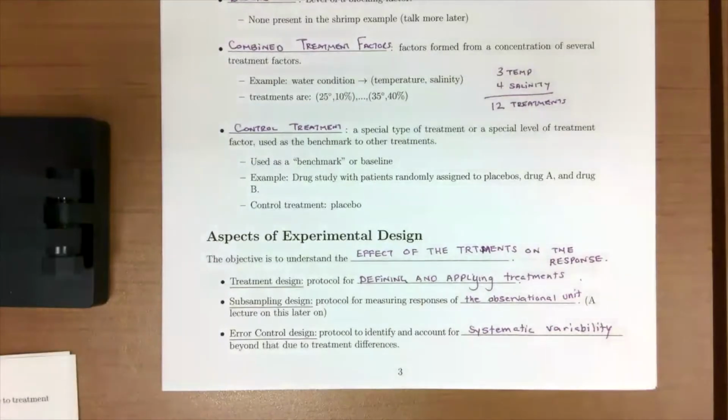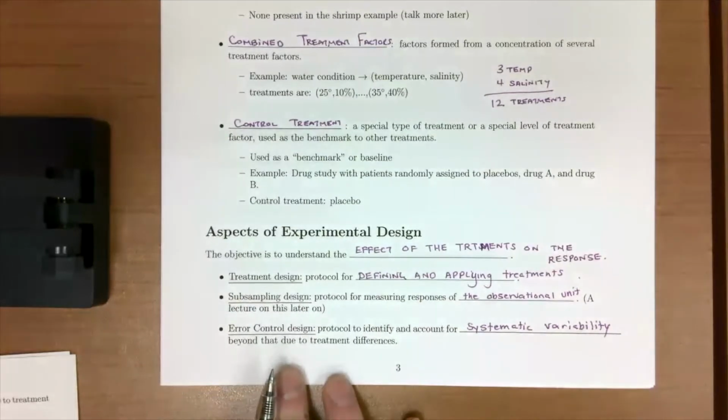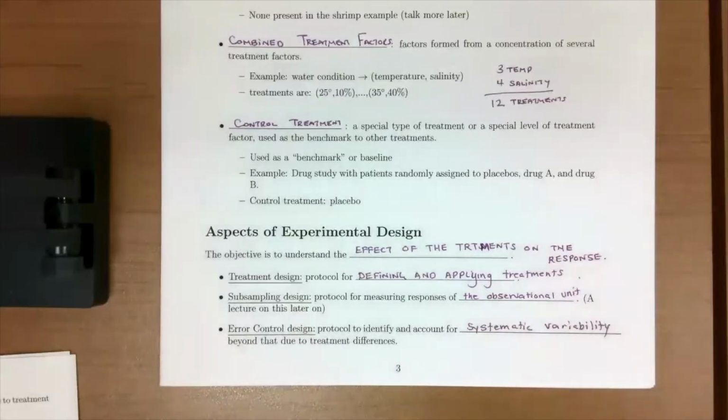Okay, so our goal of experimental designs is to figure out the treatment design and understand the effect of the treatments. But we're going to use the error control designs to be able to efficiently and effectively understand the impact of the treatments and to take into account the variability associated with the other factors.